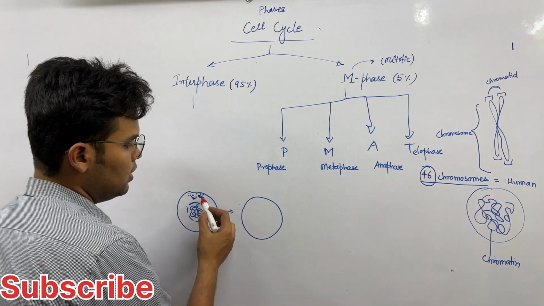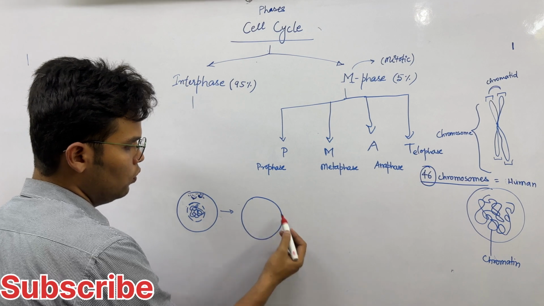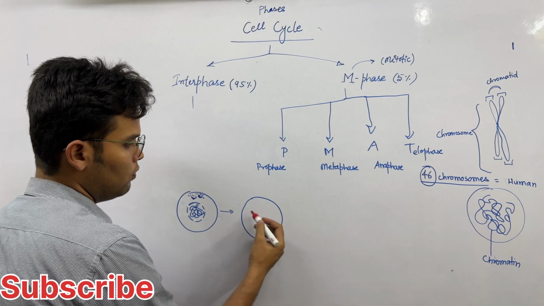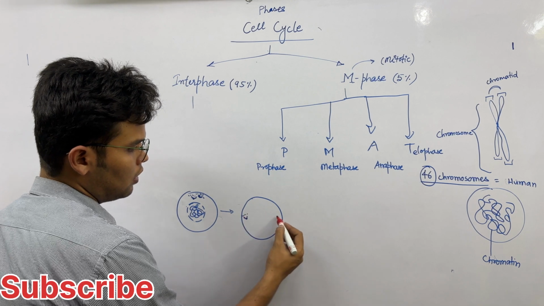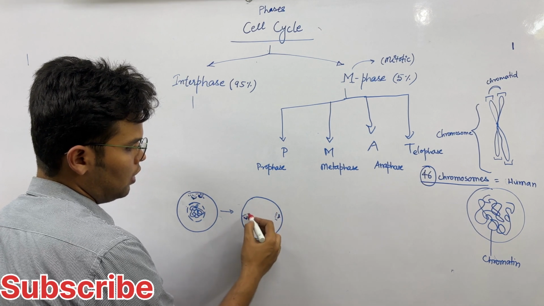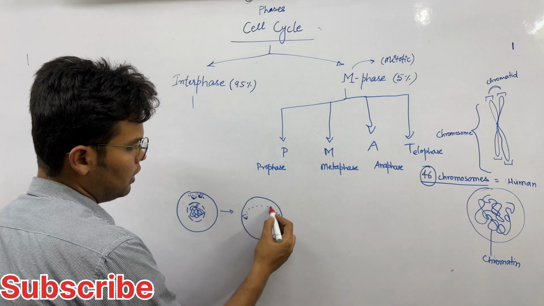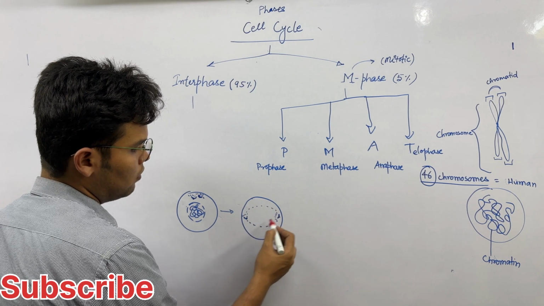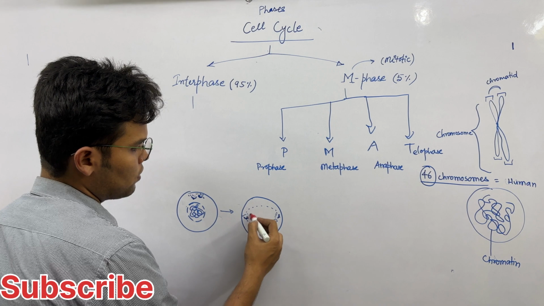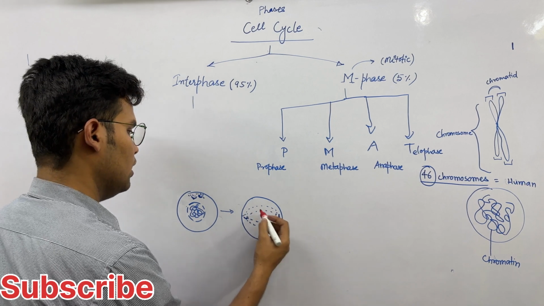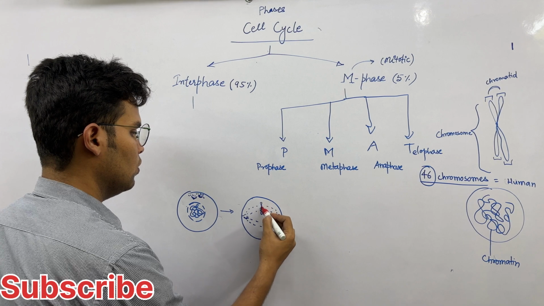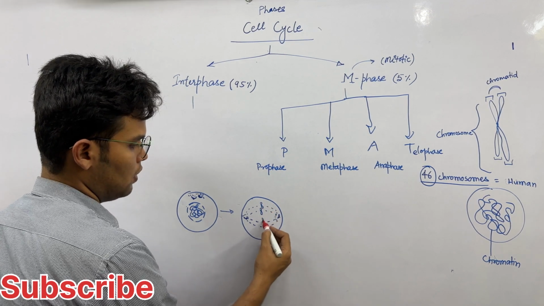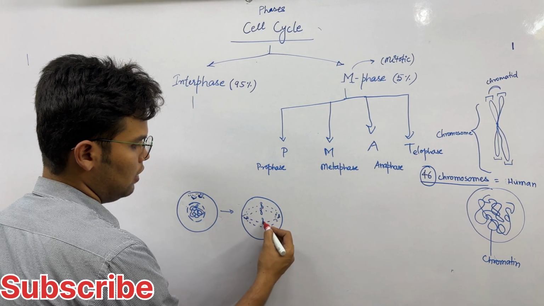And as well, these centrosomes will start to move to each pole in the form of centrioles like this, and they will start to form spindle fibers, and there is the presence of chromosomes like this.